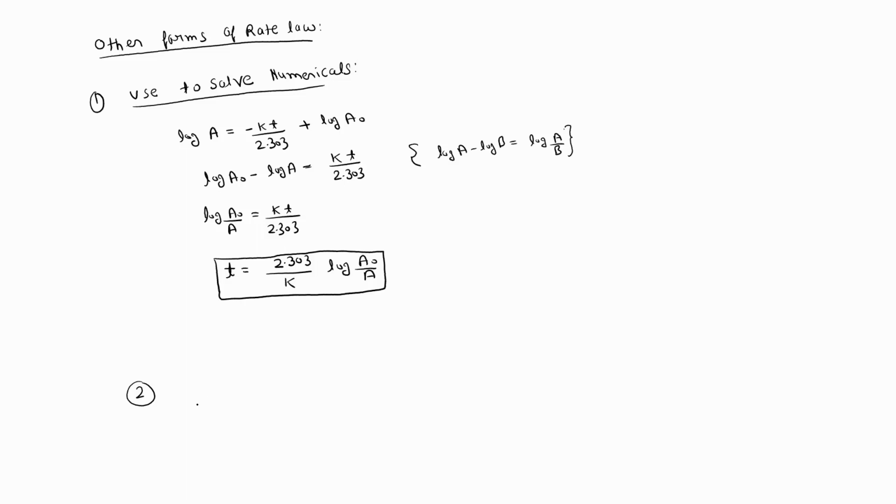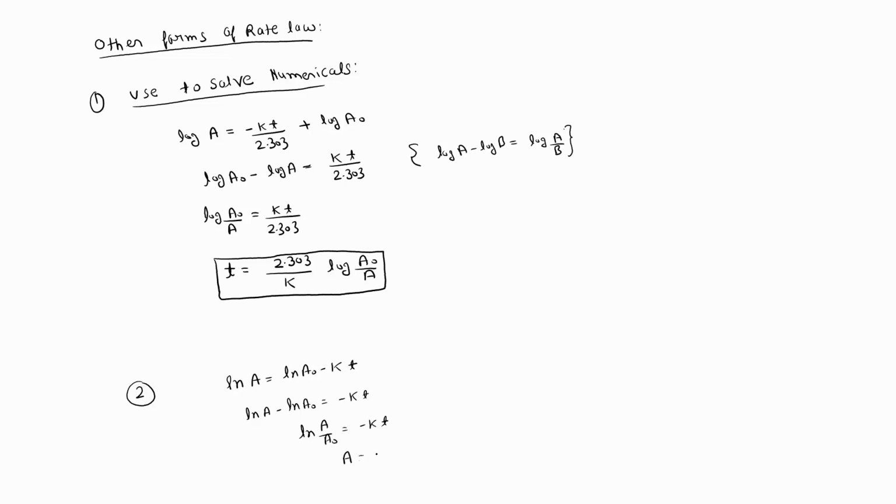Don't memorize this form, but from this form you will know how concentration decreases with time. So if we take the form of ln, ln A is equal to ln A naught minus KT. So we can write ln A minus, sorry, ln A minus ln A naught is equal to minus KT. So we can use the formula of ln A minus ln B is equal to ln A by B. Then ln A by A naught is equal to minus KT.